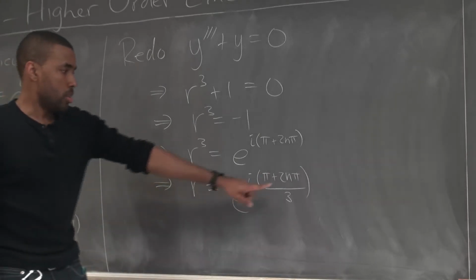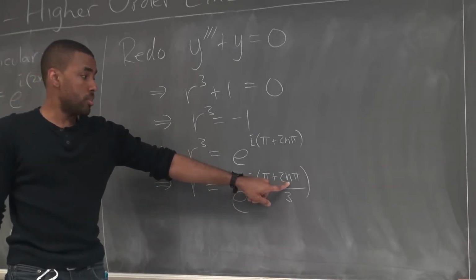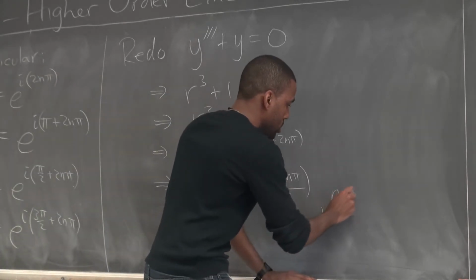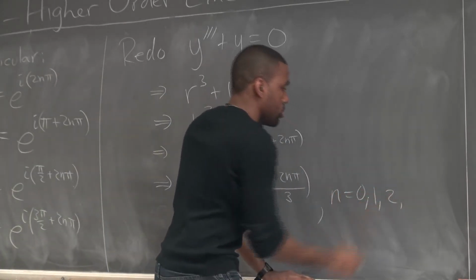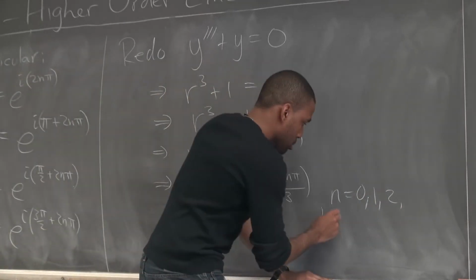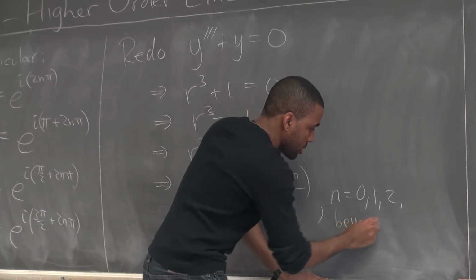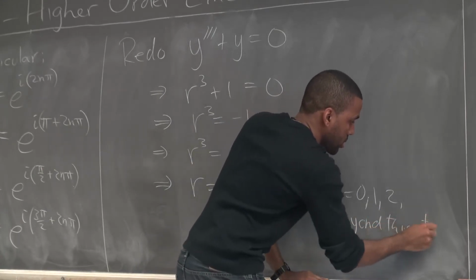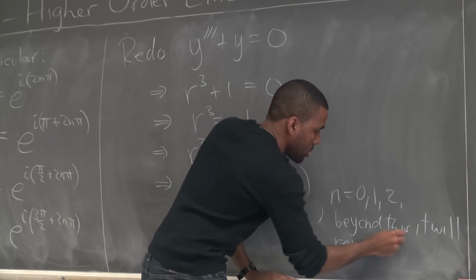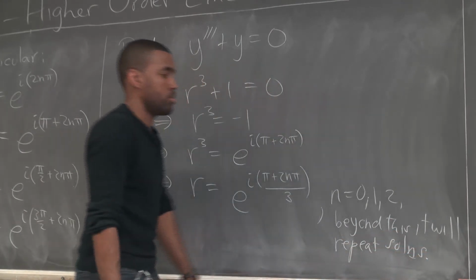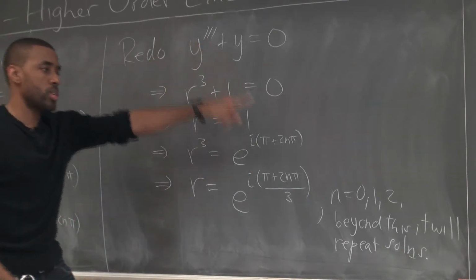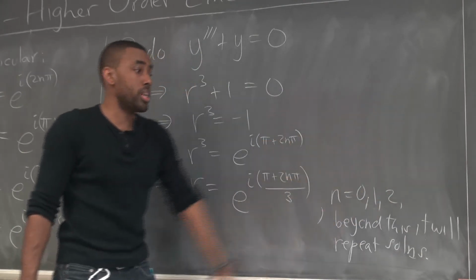And remember, this will work for every integer n, but obviously things repeat after a while. It turns out you only have to do 0, 1, 2. You always only have to go up to the n minus first power. Beyond this, it will just repeat. So for the third order, you only need 3 solutions, and it actually starts repeating after that.